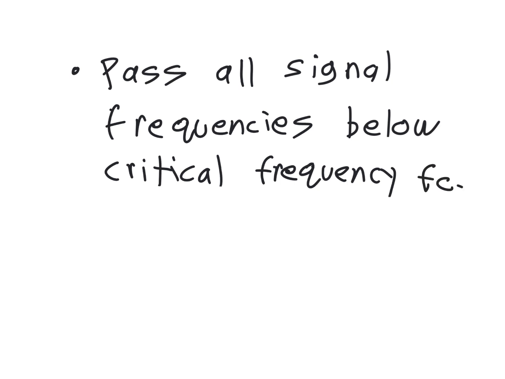So FC is the critical signal frequency, and the low pass filter will pass all frequencies up to FC and then roll off after that.